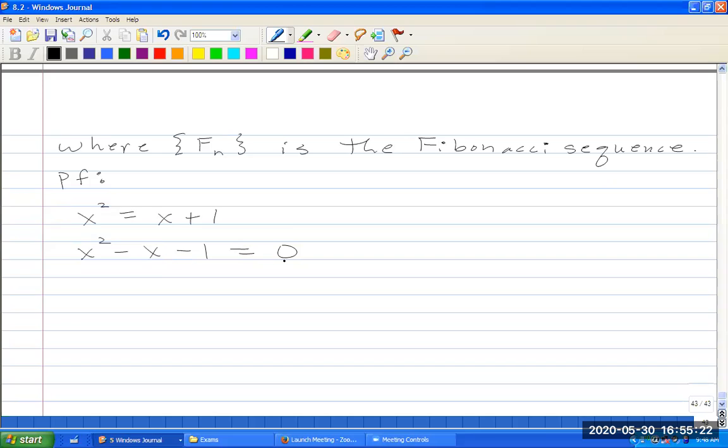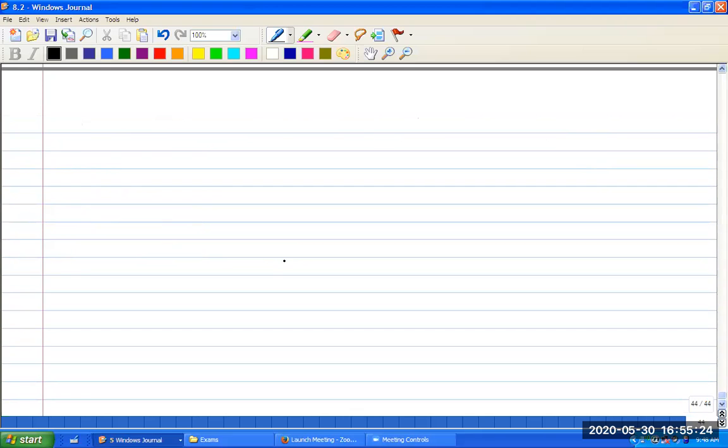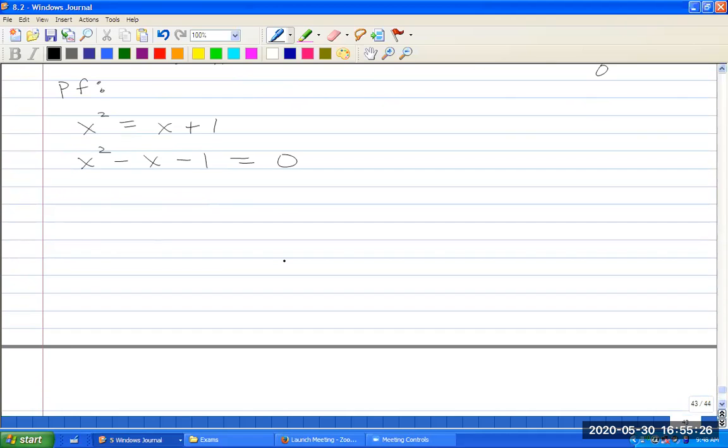Let's use the quadratic formula: x is equal to negative b plus or minus the square root of b squared minus 4ac, all over 2a.